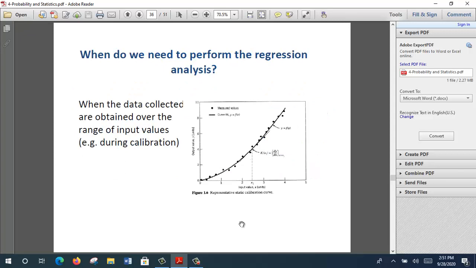Okay, why do we need to perform regression analysis, or why do we need to understand it in measurement? When the data collected are obtained over a range of input values, from here you can see that the measured data you get from any measurement are points, right?